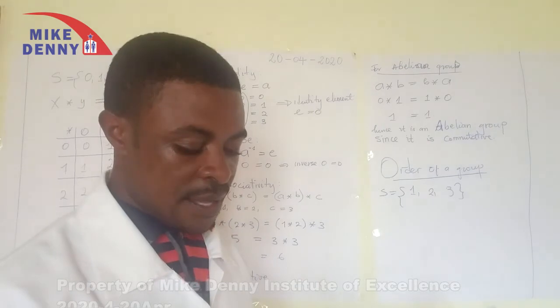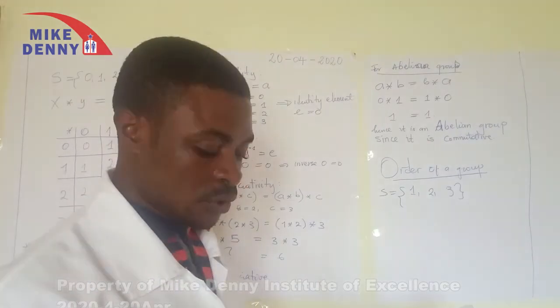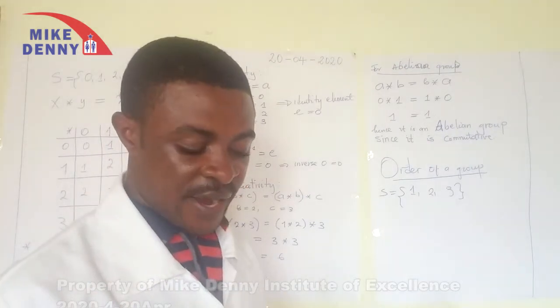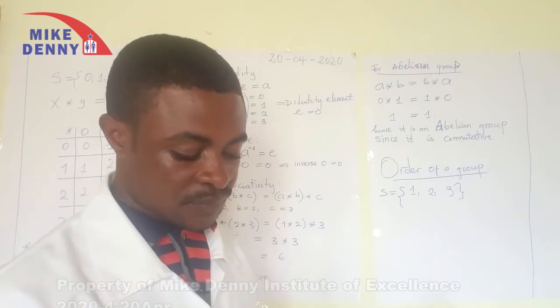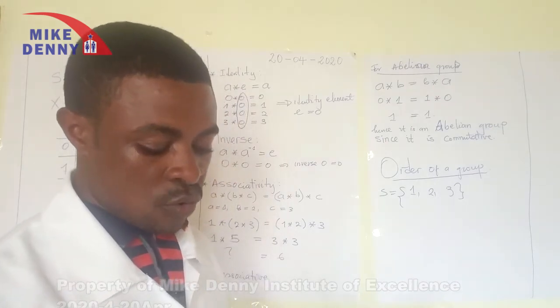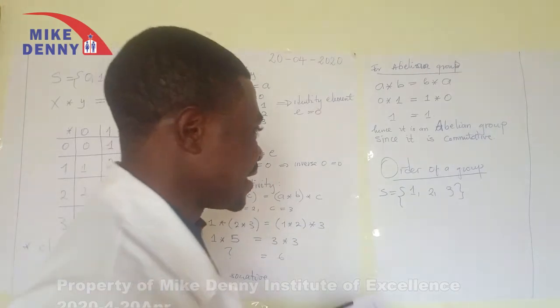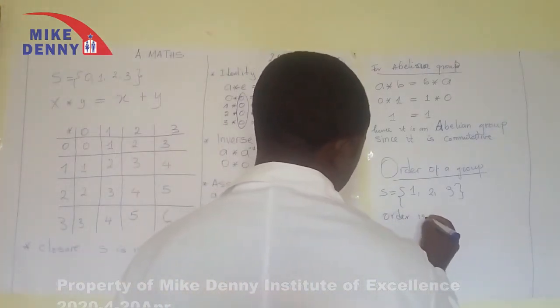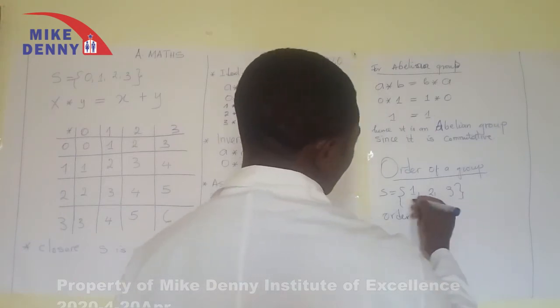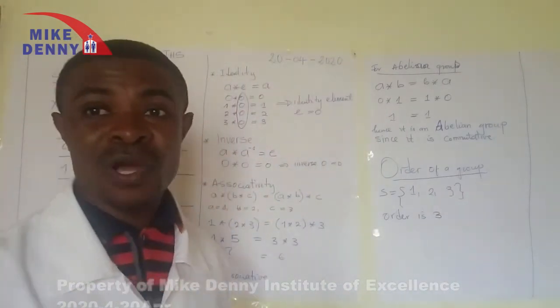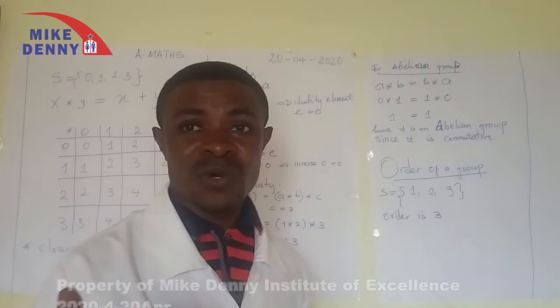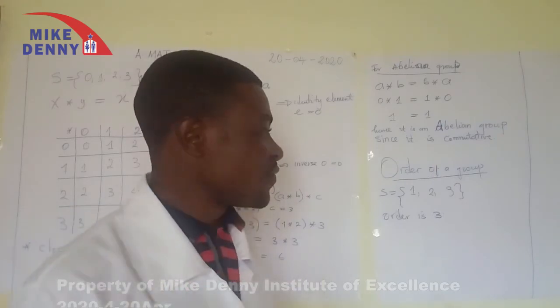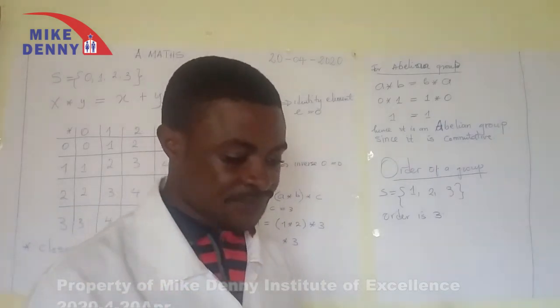E.g., if S equals 1, 2, 3, defined on the operation star is a group, then the order is 3. If you look at it, we have 3 elements. Since S has formed a group, we're talking about the order of a group. So it must form a group for us to state the order. So then the order is 3.